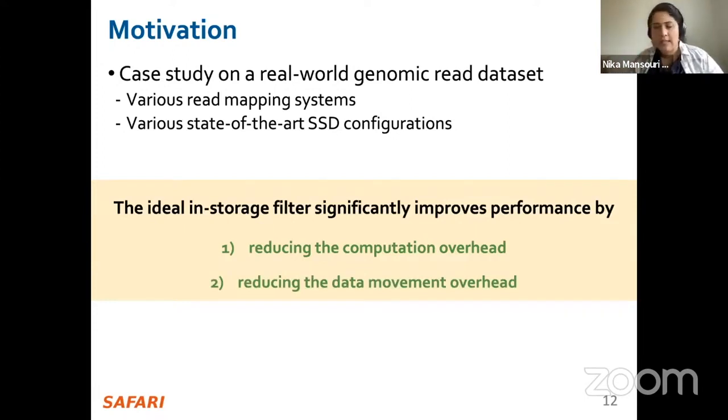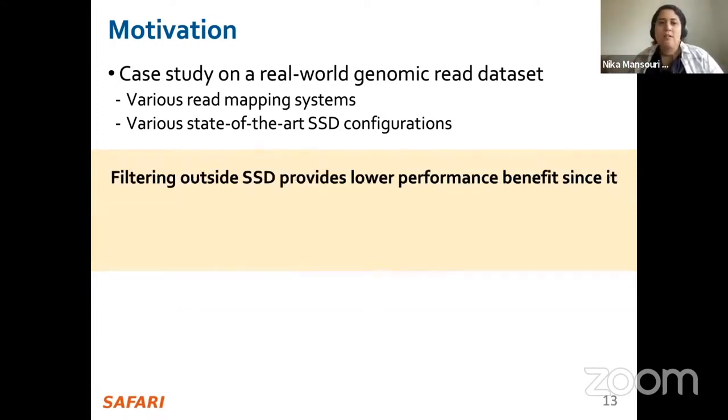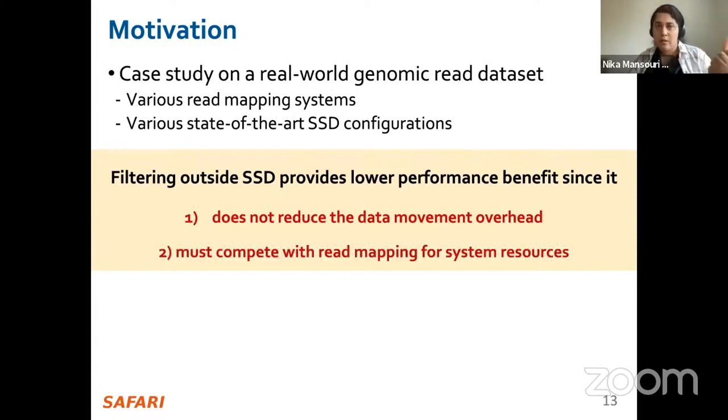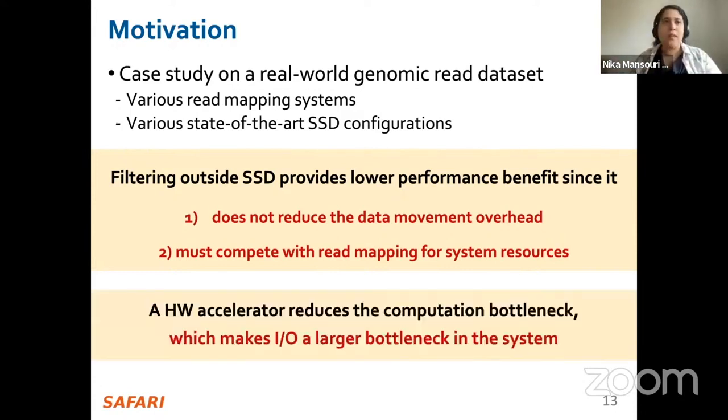Also, filtering outside the SSD provides a lower performance benefit because, first of all, it does not reduce data movement overhead from storage. Secondly, it must compete with the main read mapping operations from filtered reads for other system resources because it is performed outside the storage. It can compete for storage external bandwidth, main memory bandwidth, and compute resources.